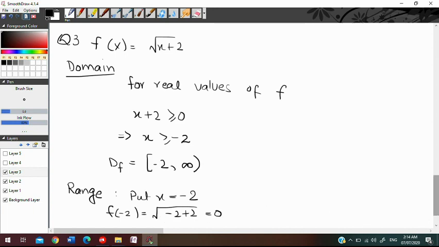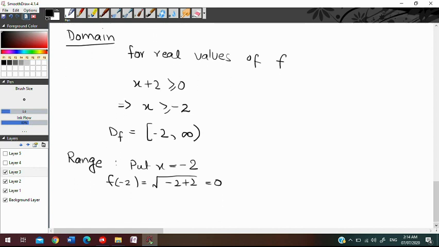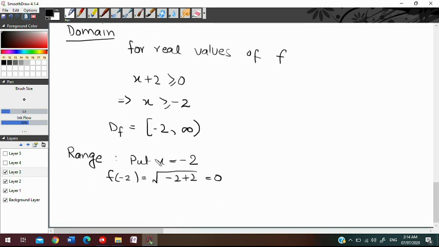So our range is: we can say f of x is positive for all other values of x in the given domain.